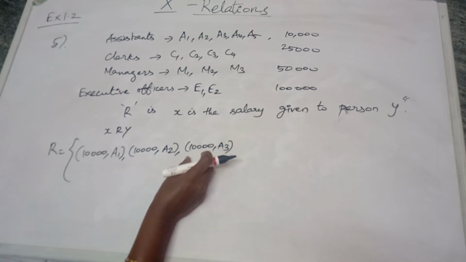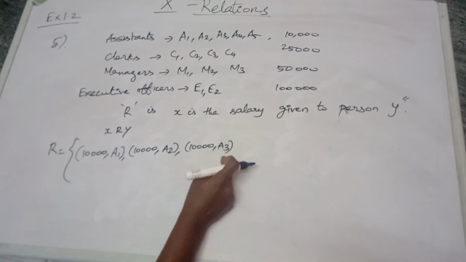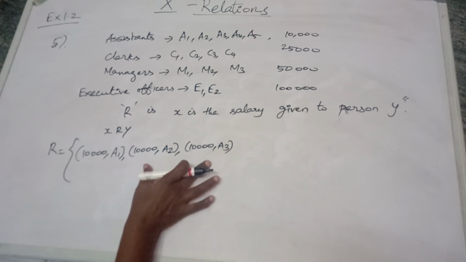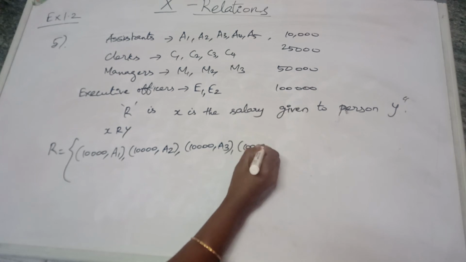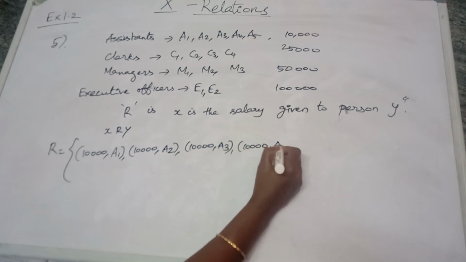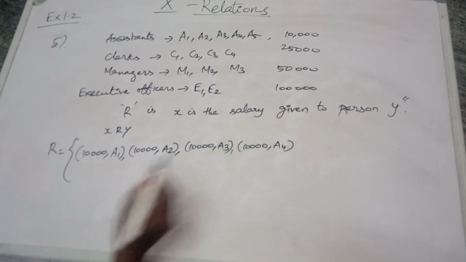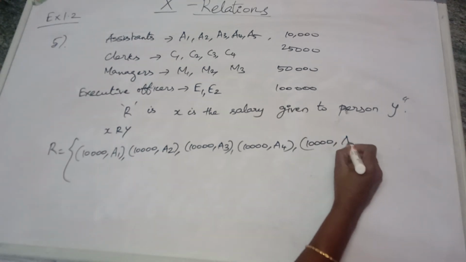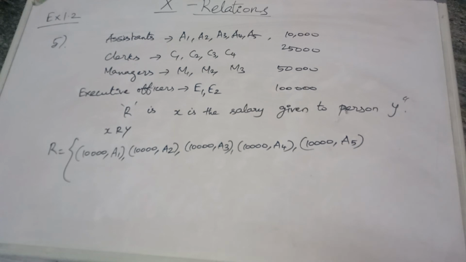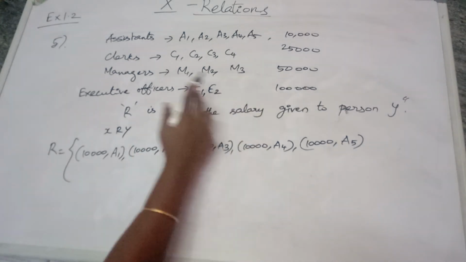This satisfies the relation, x is the salary given to the person y. Then 10,000 for the 4th assistant and 10,000 for assistant A5.